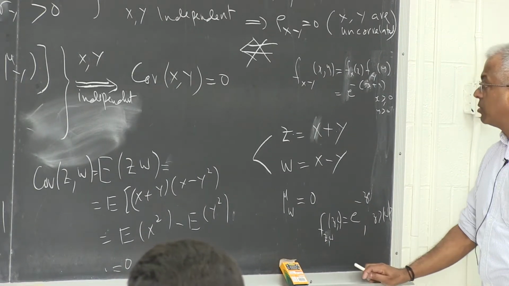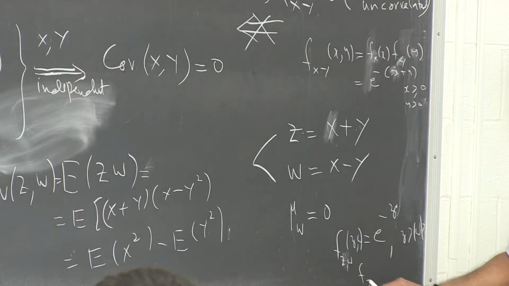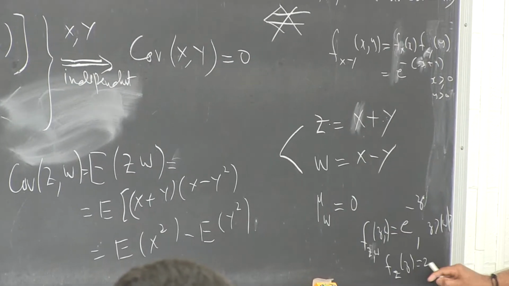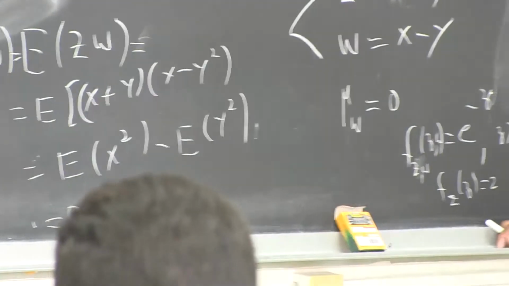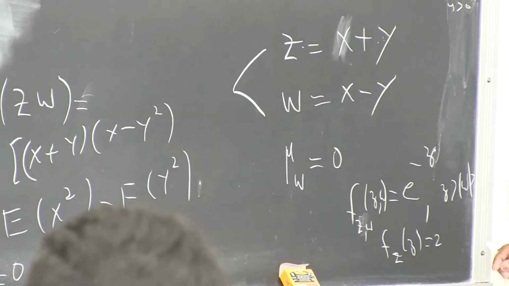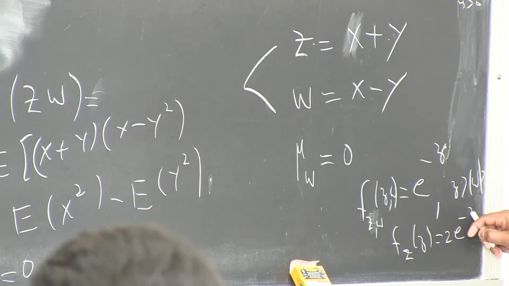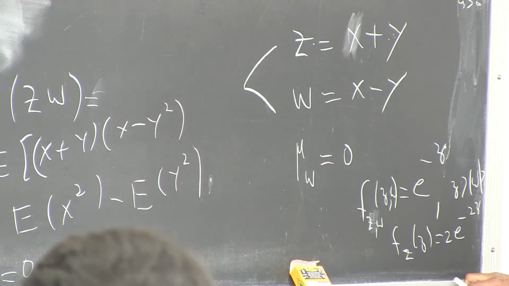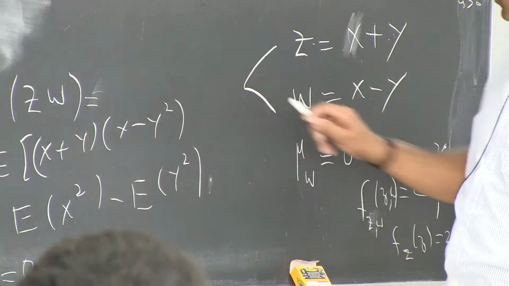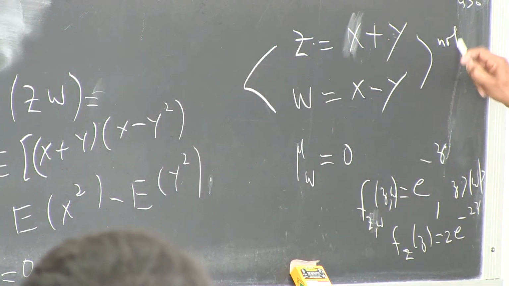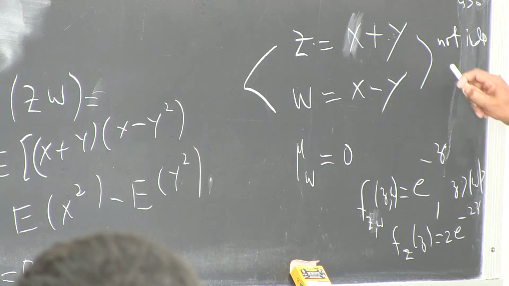From here, if you find the marginal of z, I think f of z will turn out to be 2 e raised to minus z, 2z dz, and you find that of w. You will see that z and w are not independent. So they are not independent, but they are uncorrelated.